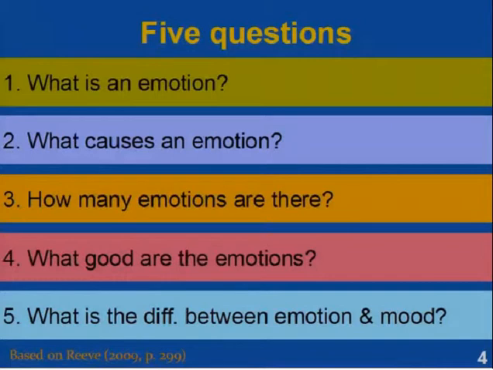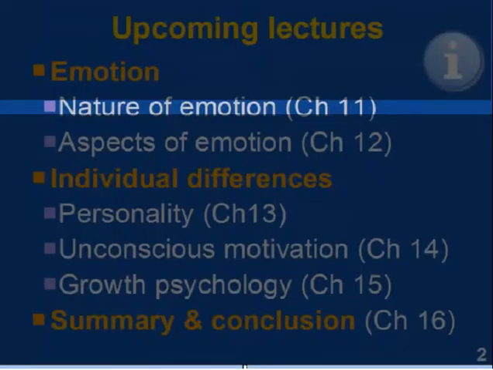And finally, we'll look at the difference between emotion and mood, which are commonly probably thought to be the same thing, but we do make a distinction between those. Mainly that is that an emotion is a specifically triggered event that has a relatively short time period.